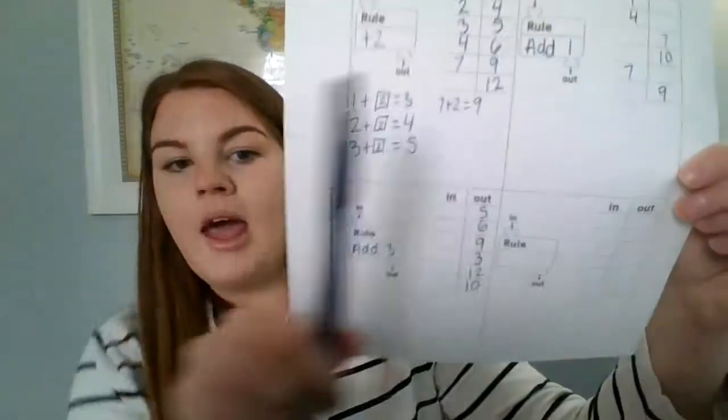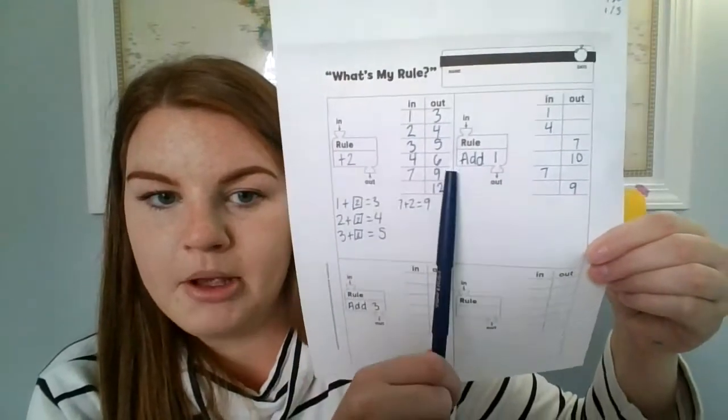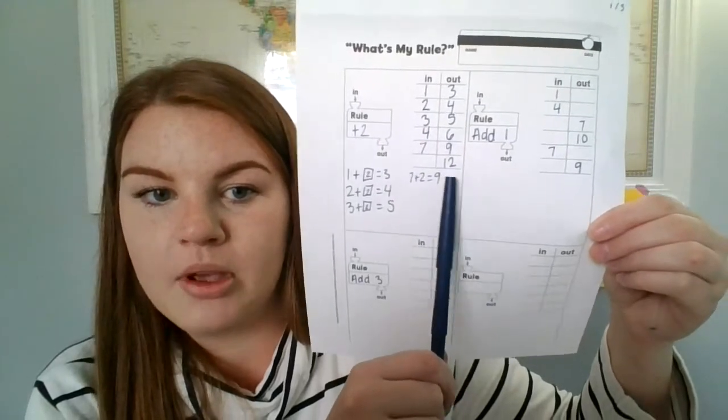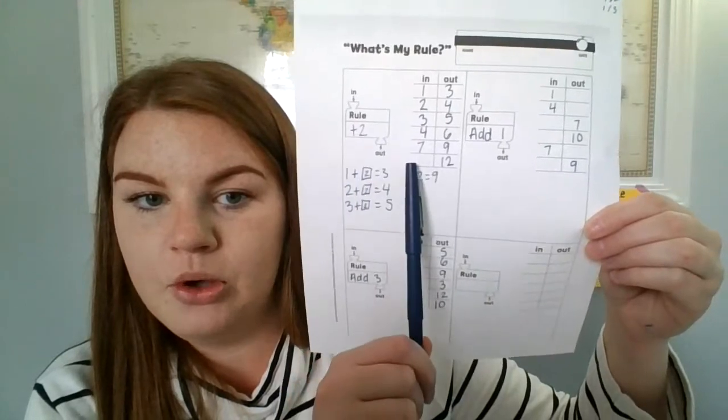So we figured that out by thinking subtraction, actually 9 minus 2, because we're working backwards from the out to the in. So again, we're thinking backwards. 12 minus 2 would be what number went in, and that is the number 10. And you can check that by making sure 10 plus 2 equals 12, and it does.